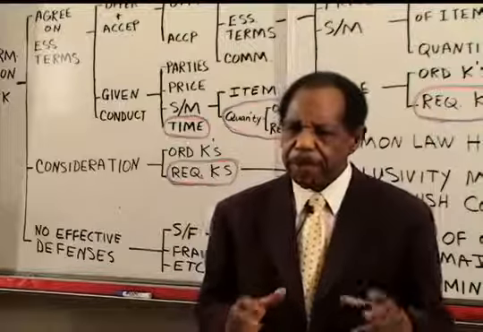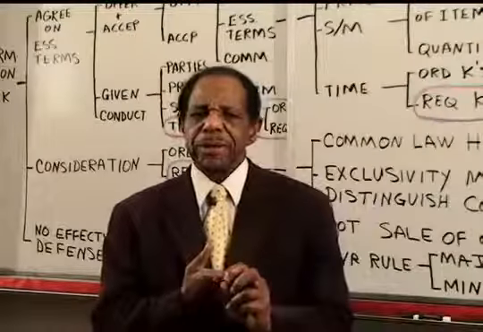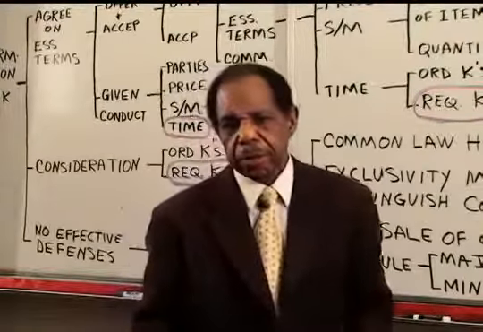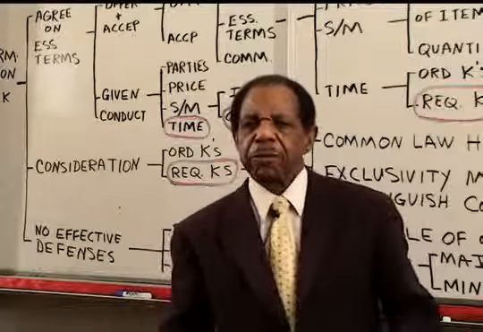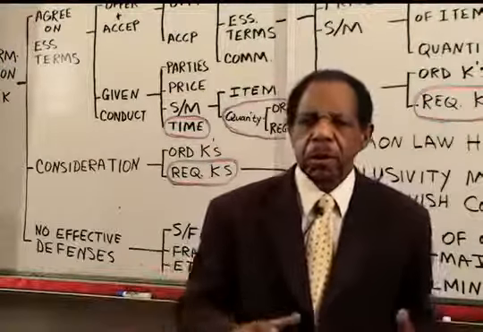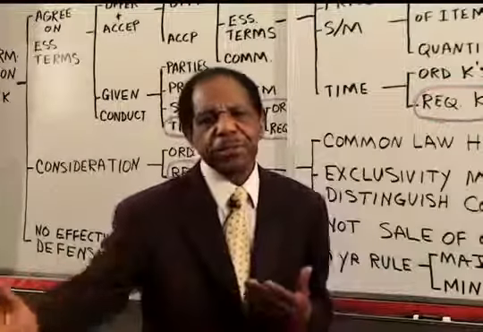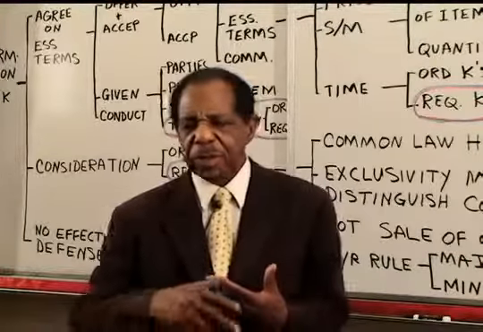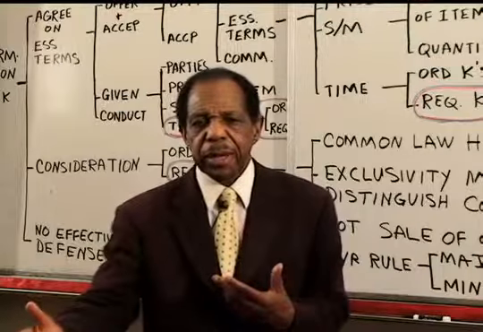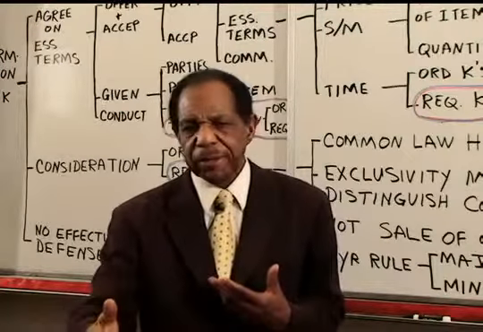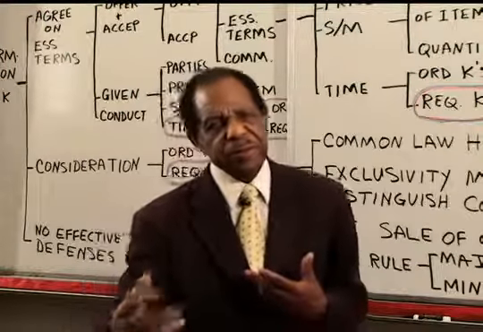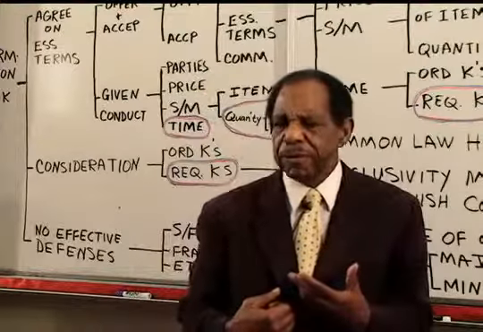So watch for that. Watch for two things here. One is that there is no return promise. I will supply you with all the gadgets that you need, all the salmon that you need in your business. I'll supply you with all that you require. And you start buying from me. Well, you didn't promise back that you would buy exclusively from me.